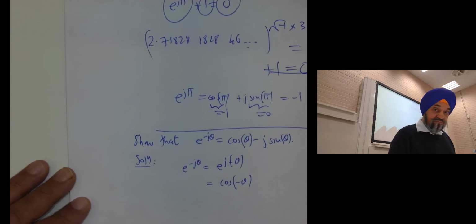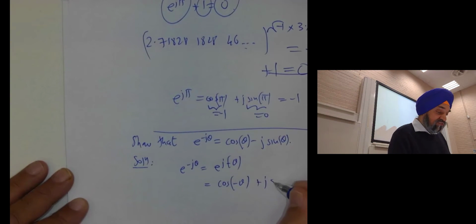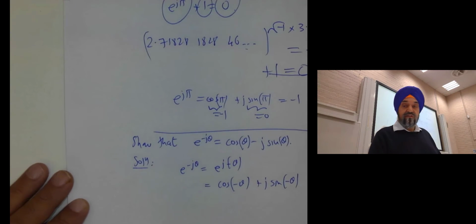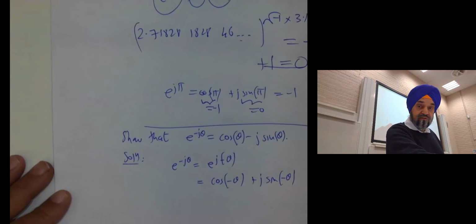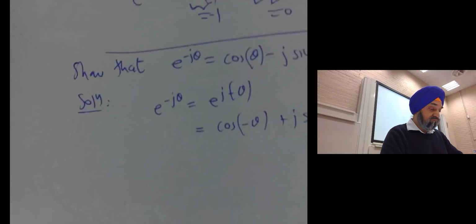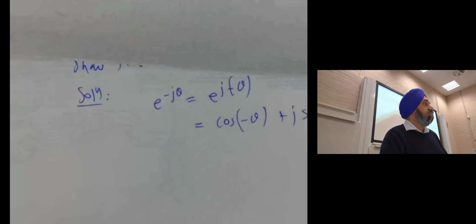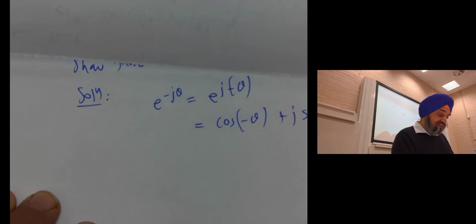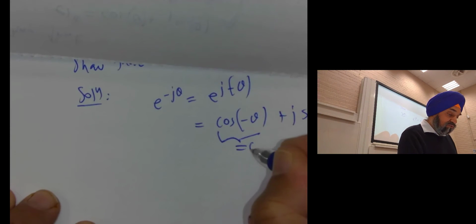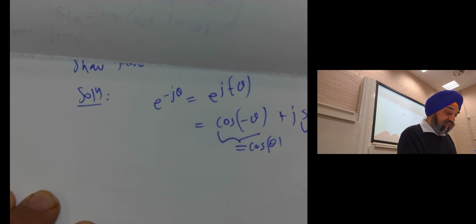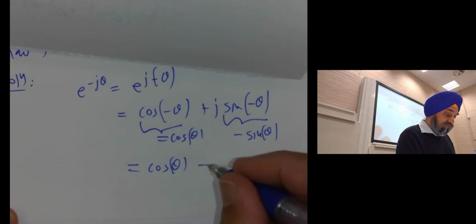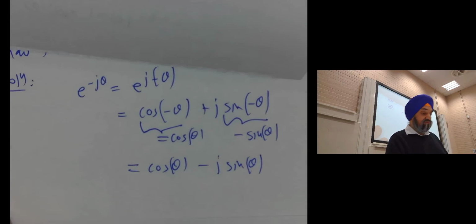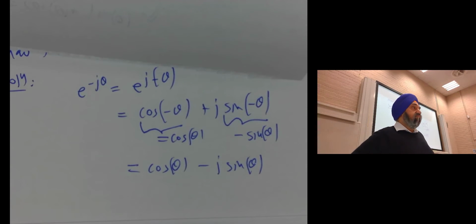So it's cos minus theta plus j sine minus theta. What about cos minus theta? Yes, cos theta. If you go back to chapter 4, you'll find cos minus theta is equal to cos theta. Guess what sine minus theta is equal to? Yeah, minus sine theta. So you get cos theta minus j sine theta. You're asked to show this and you've shown it.